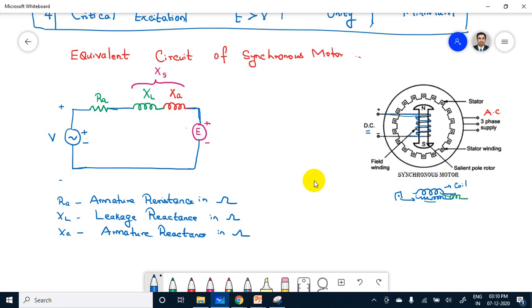And this E is the excitation voltage, or we can say it is the back EMF also. Excitation voltage in volt.